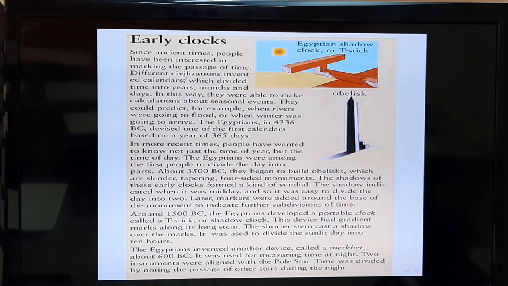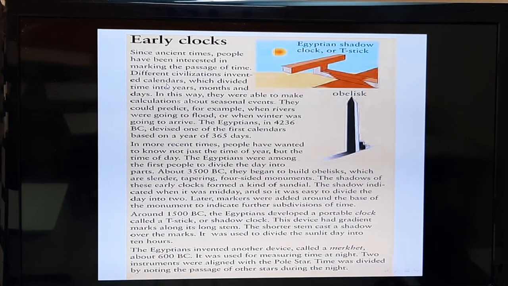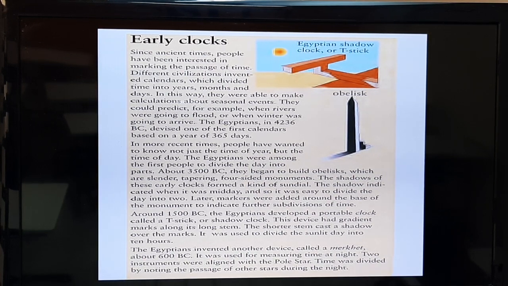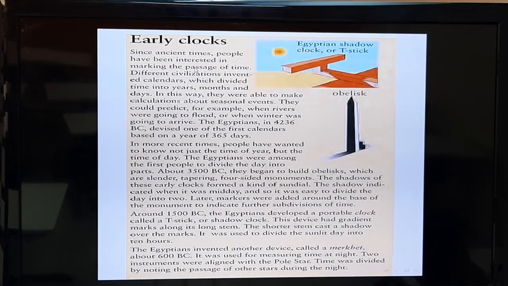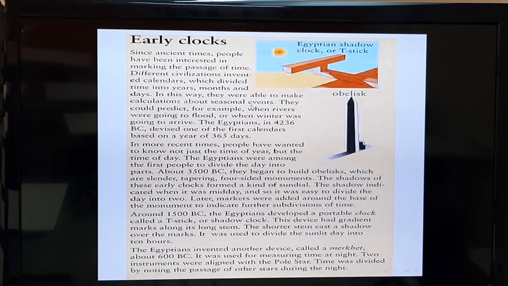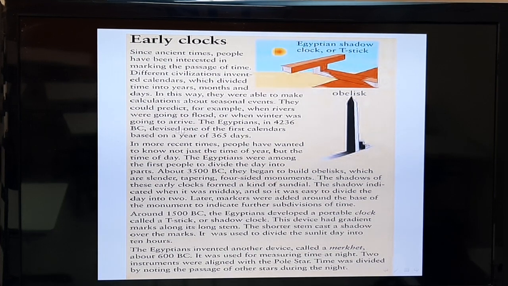Different civilizations invented calendars which divided, so here, usage of calendars, okay, divided times into years, months, and days. In this way, they were able to make predictions about seasonal events. They could predict, for example, when rivers were going to flood or when winter was going to arrive.